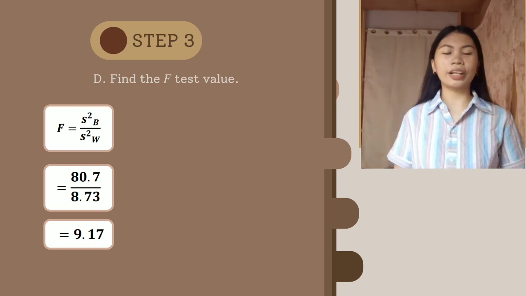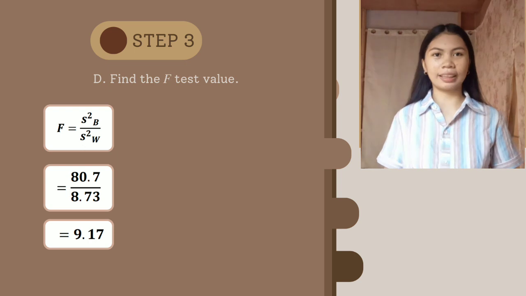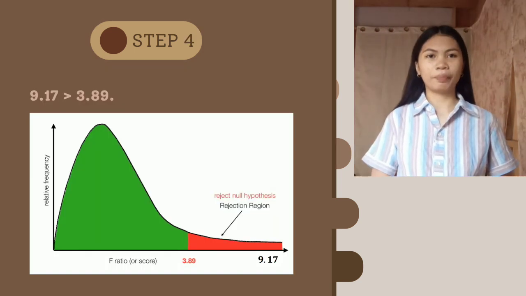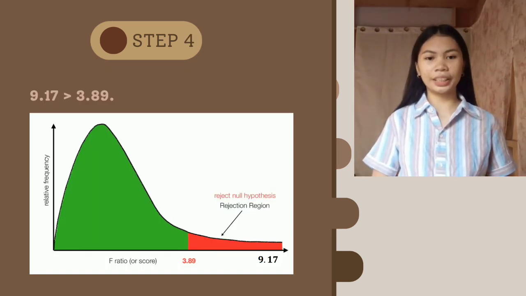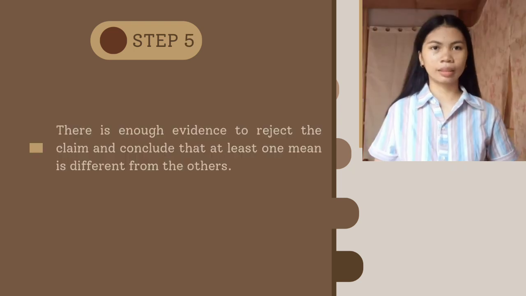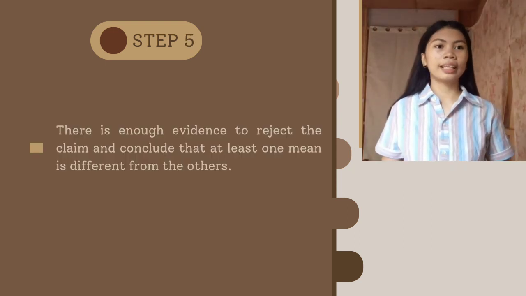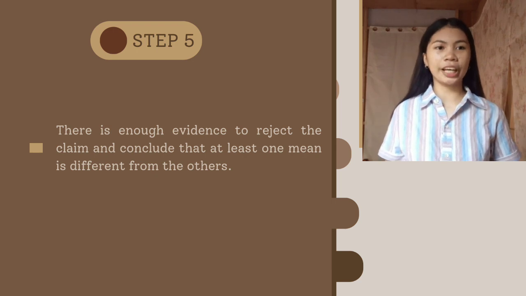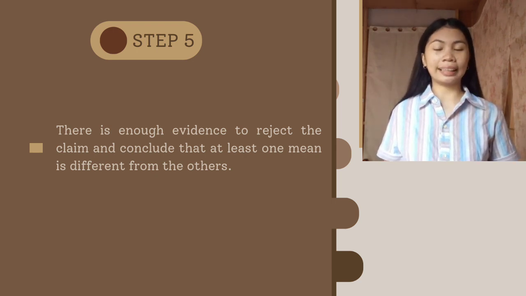The F-test value is 9.17. Step 4. The F-test value is greater than the critical value, thus it falls under the rejection region, rejecting the null hypothesis. Step 5. There is enough evidence to reject the claim and conclude that at least one mean is different from the others.